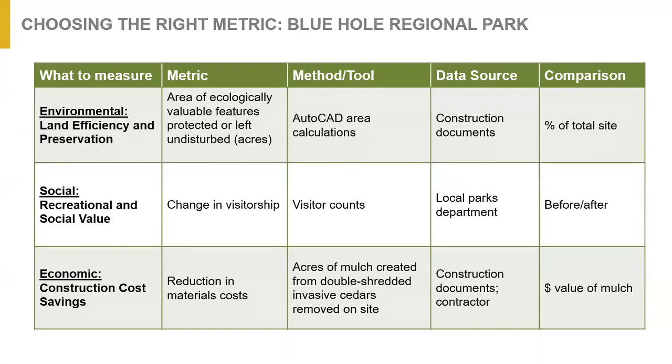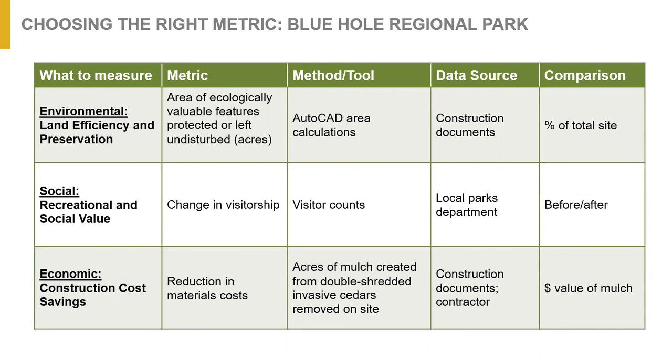So to finish up with our chart, to go through how we're going to talk about Blue Hole, you'll see some more examples of equivalencies that could be used. This will make a little bit more sense once you see the next slide, but first I wanted to show why I selected these particular equivalencies.